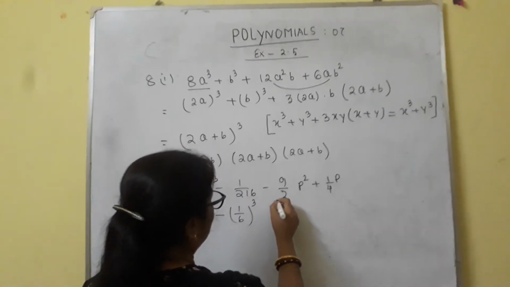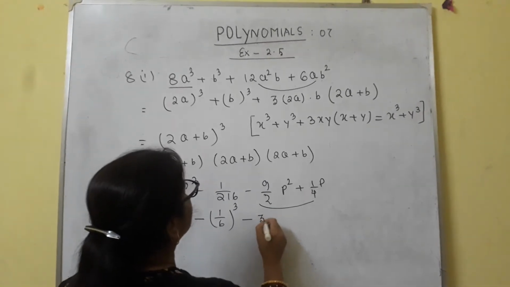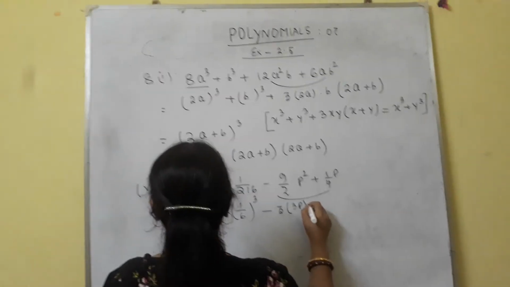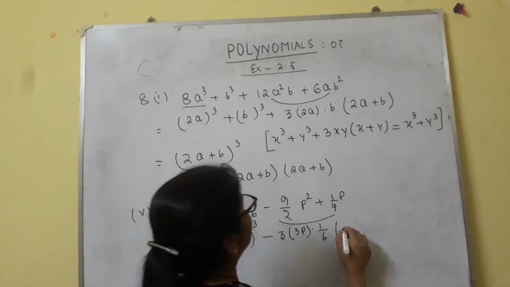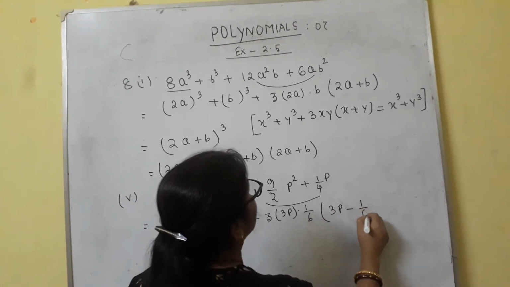Then from the other two terms, if we take common 3 into 3p into 1 by 6, we will get 3p minus 1 by 6.